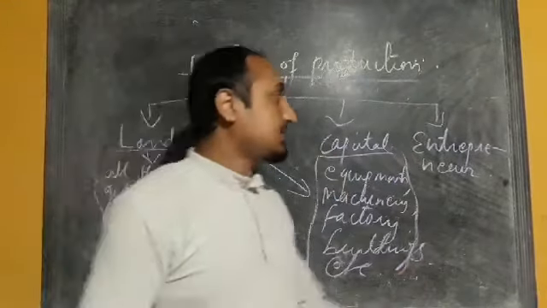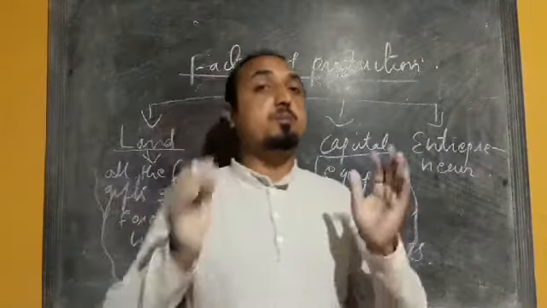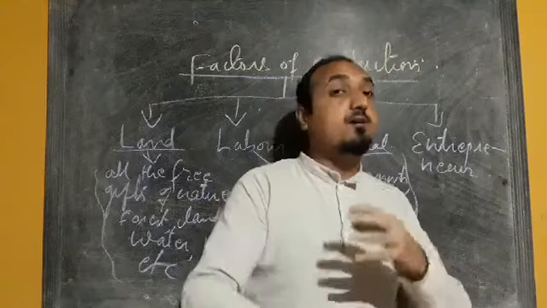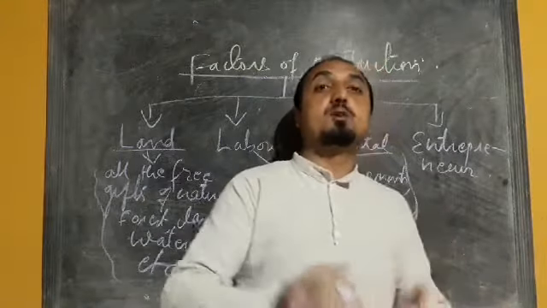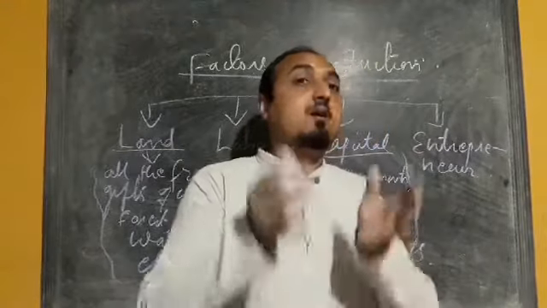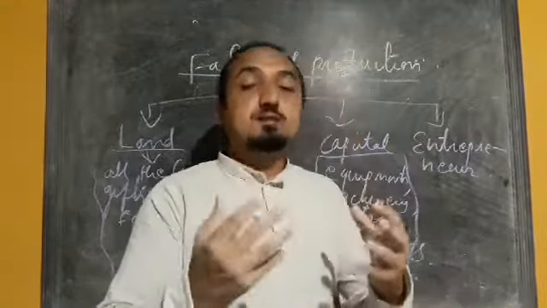Now next one we have entrepreneur. The entrepreneur is the one who combines different factors of production and involves himself in the process of production. He also bears some risks and takes different business decisions.